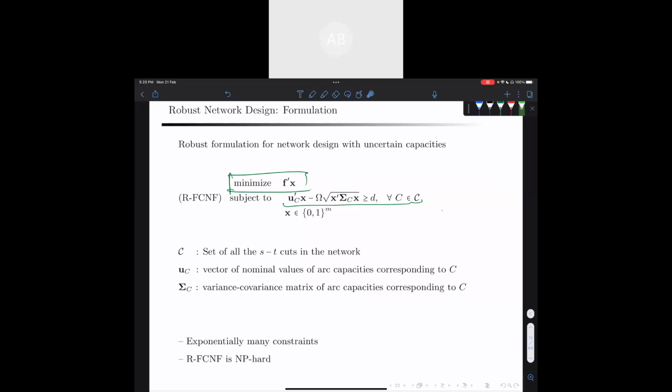Can someone tell me what is the total number of cuts in a network if I want to partition the total nodes? Let's say we have total n nodes, and I want to partition the graph into two partitions, a source set and a sink set. Then how many such cuts can I have, or how many such partitions can we have? It's just a simple combinatorial argument, a simple counting argument. So, anyone?